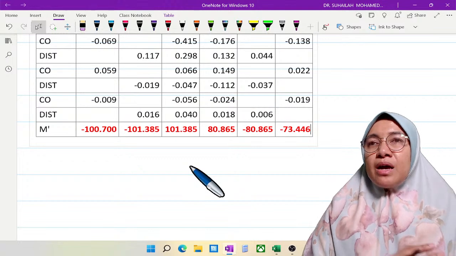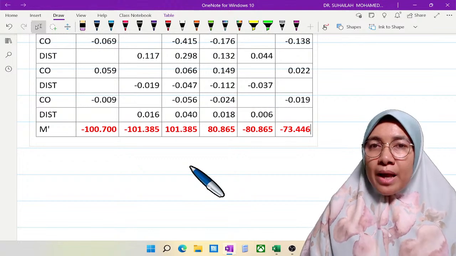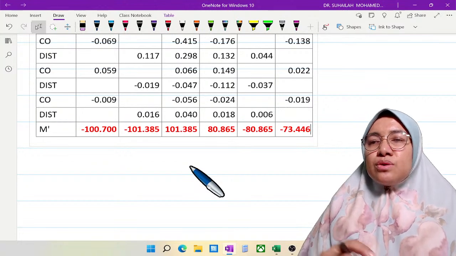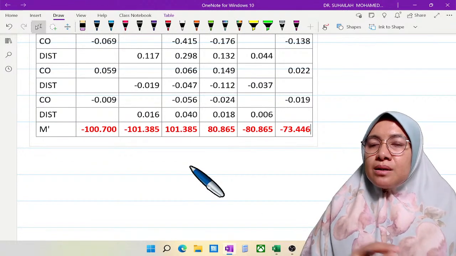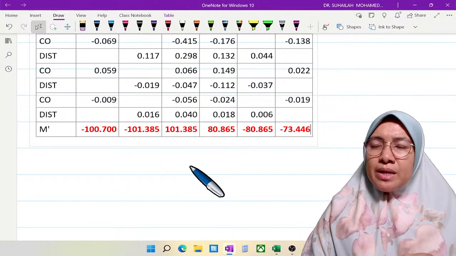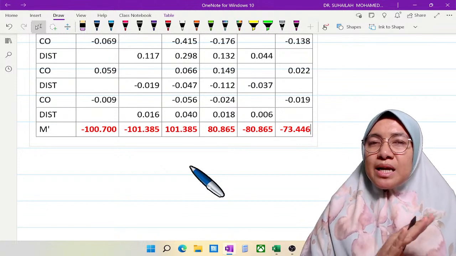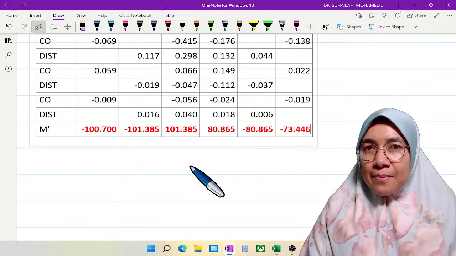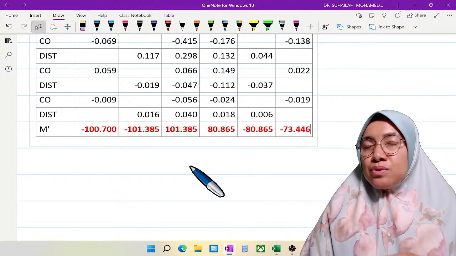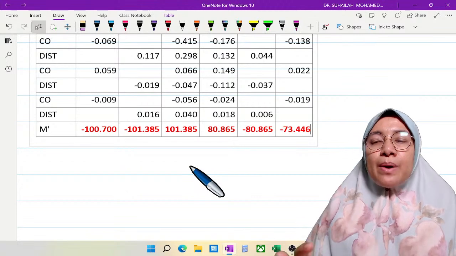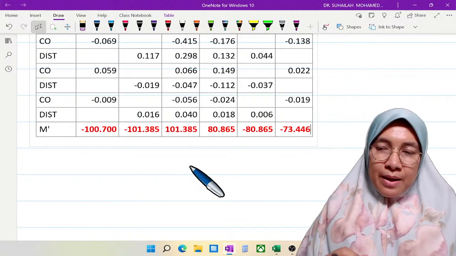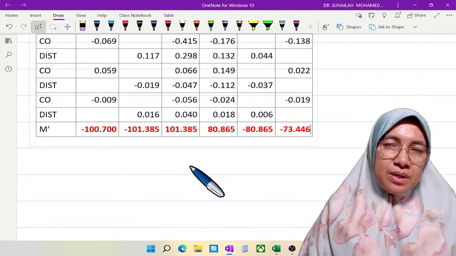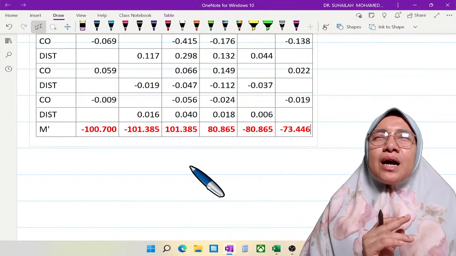So refer back to video number 1 where I showed how to calculate R. Use the same steps, just change the M values, so that you get the R prime value.